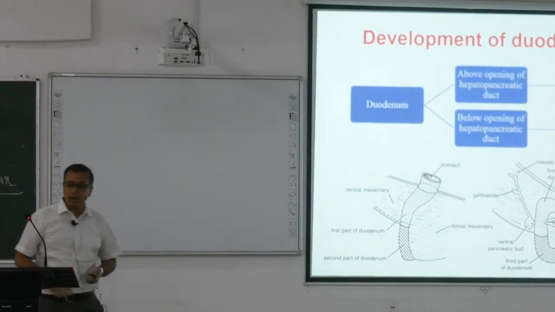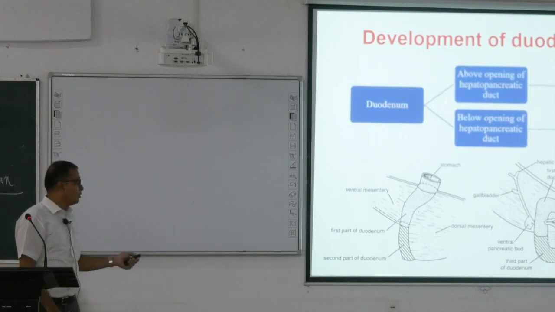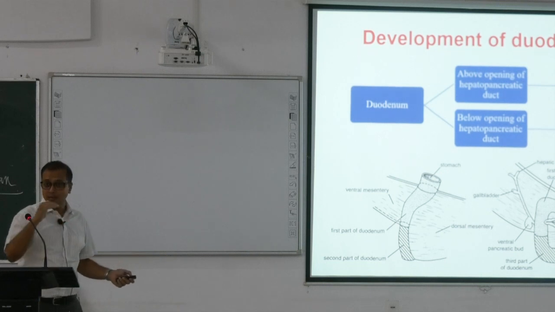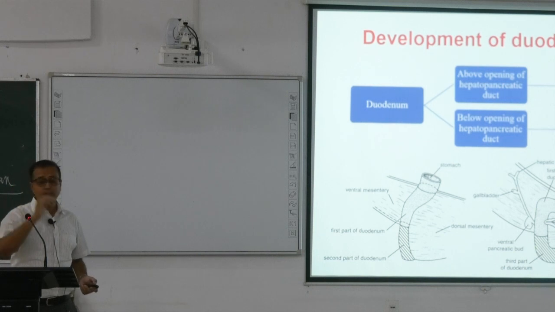So the foregut tube contributes to the upper half of the duodenum, and the midgut tube develops the lower part, and we have to know where the embryological border between these developmental aspects lies.